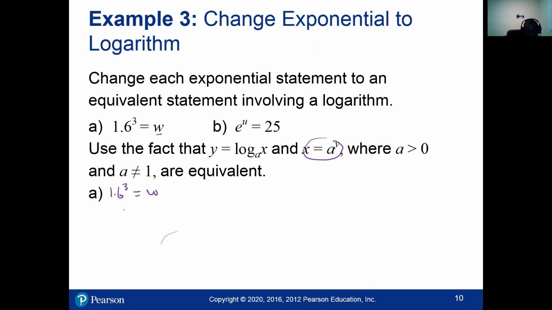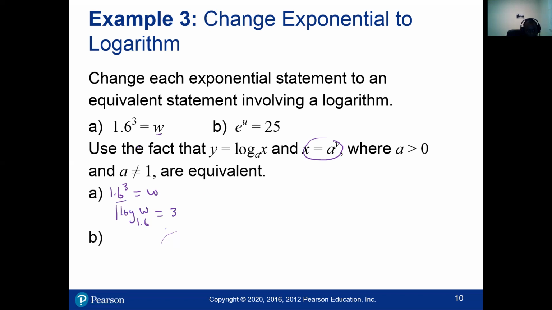So this is going to be log of W base 1.6 is equal to 3. That is the answer for that part.